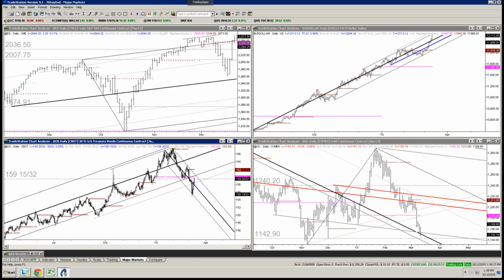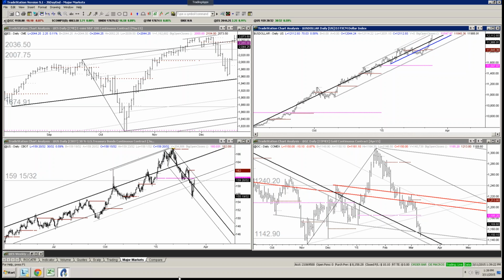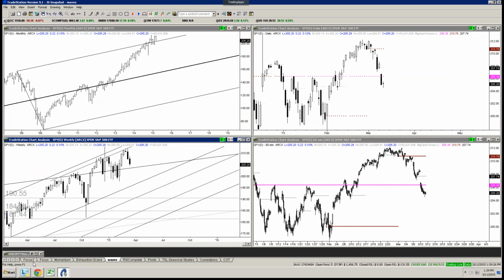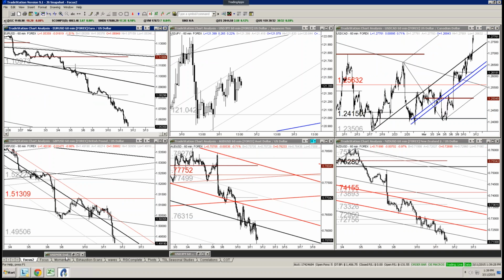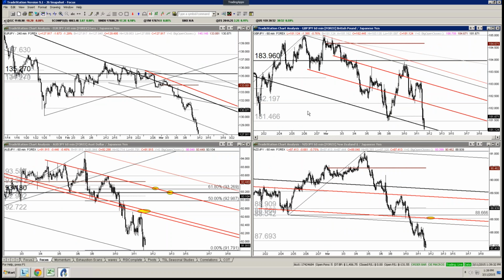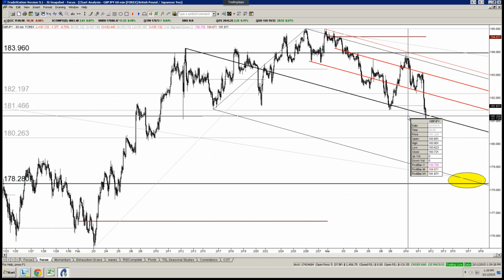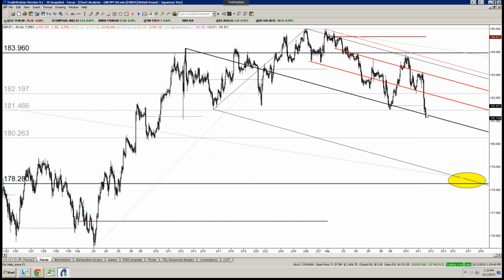Dale says, on pound yen, do you wait to see if support holds? Yes, personally, Dale, I do. I'm not going to say that there's a right answer, because there's really not. But yes, personally, I do wait. One, the hour's not closed yet. There's a concept actually in median line analysis, or trading with median lines, I should say.